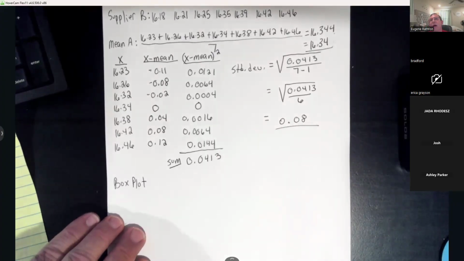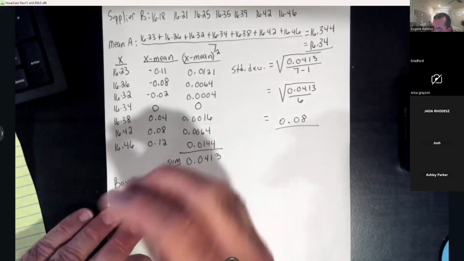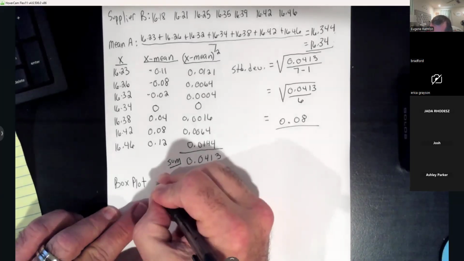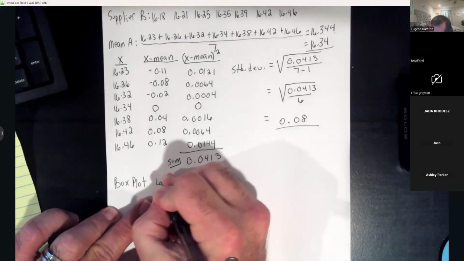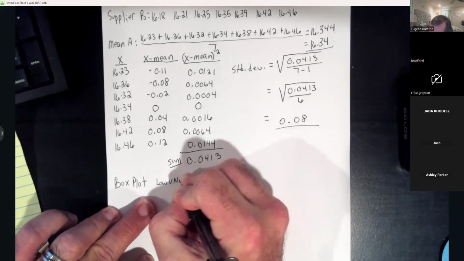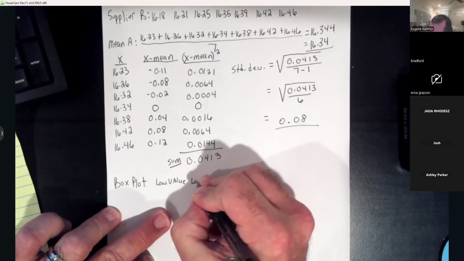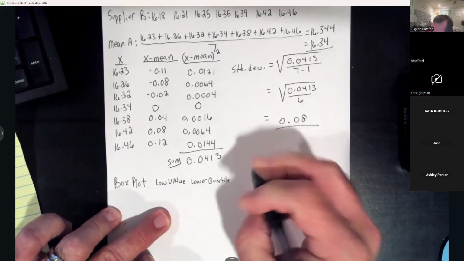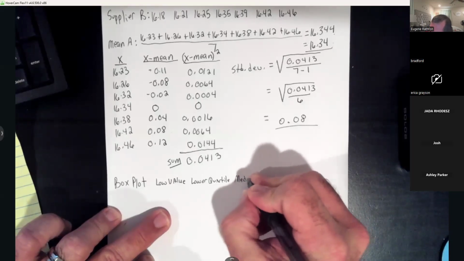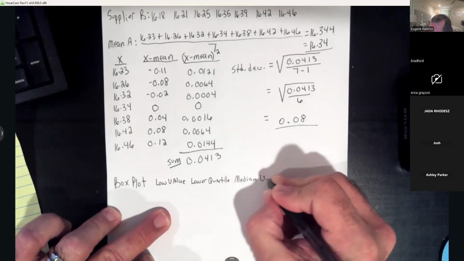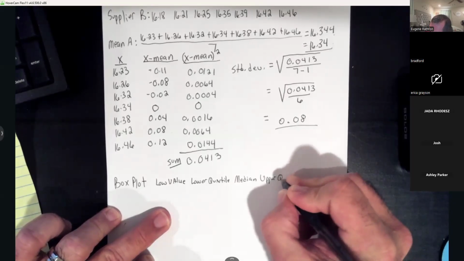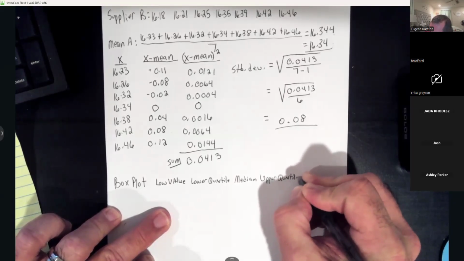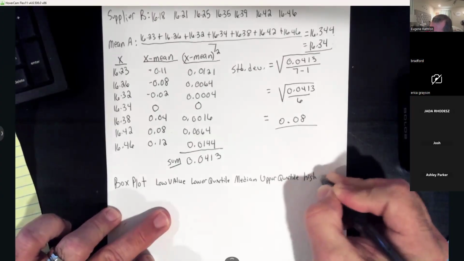So remember, the box plot is the 5-number summary. You're going to have your low value, your lower quartile, you'll have your median, your upper quartile, and then your high value.